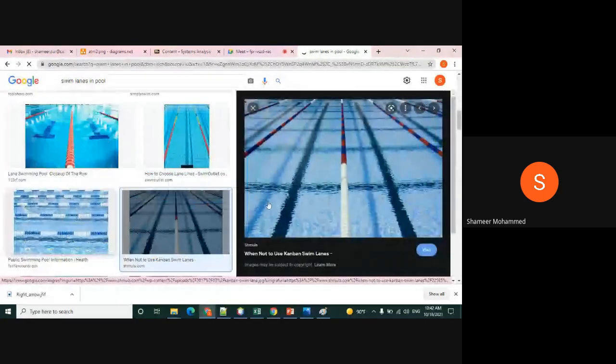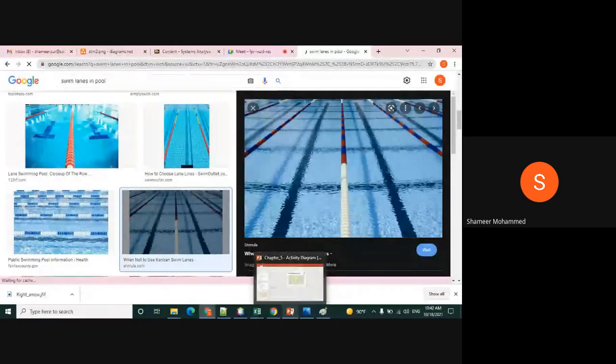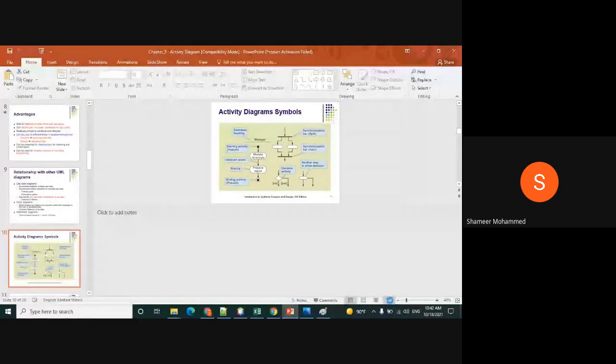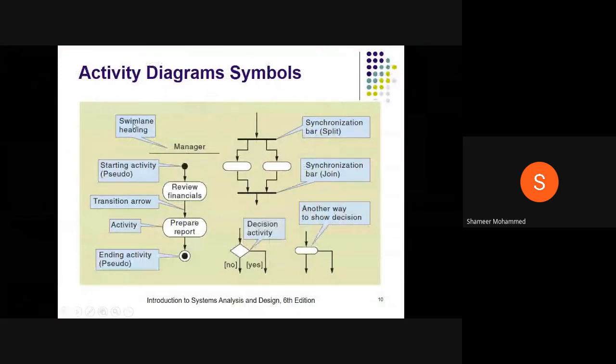You have seen this lane. This is called lane. So you have to swim only in this area, in this direction, like that only. One swimmer, second swimmer, third swimmer, like this. So here also we will draw the activities in lanes. So swim lane is this. The detail I will show you in the next slide.